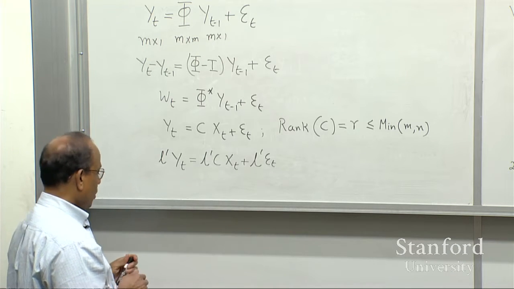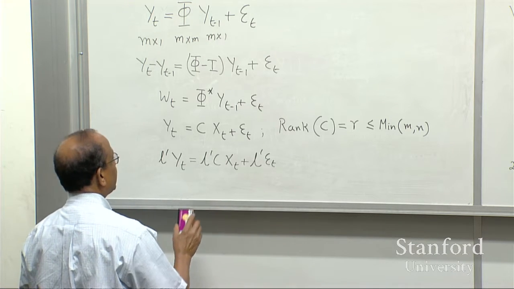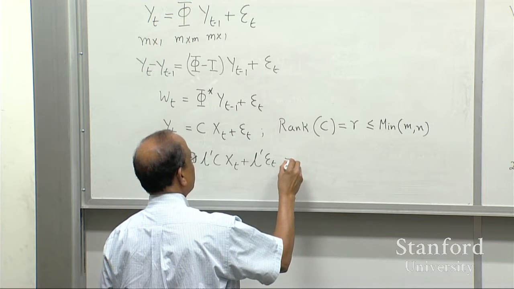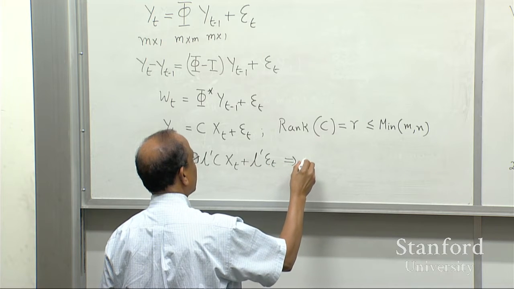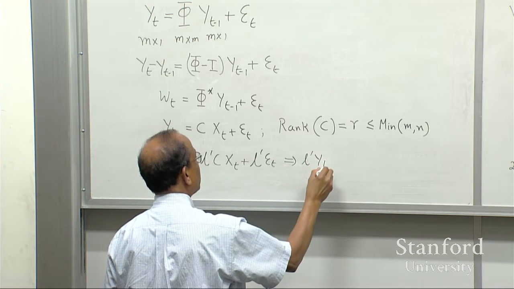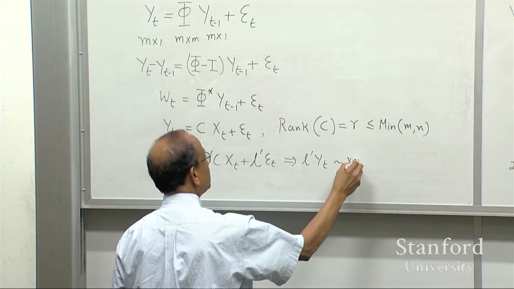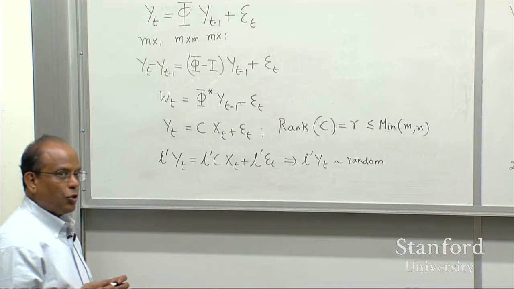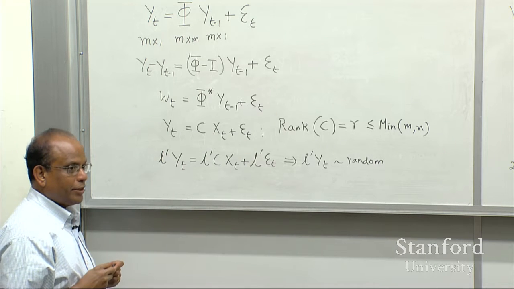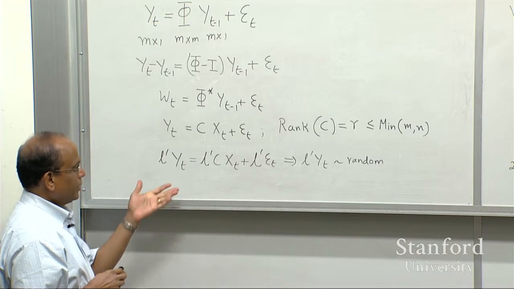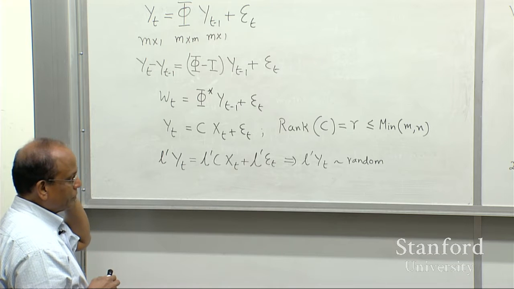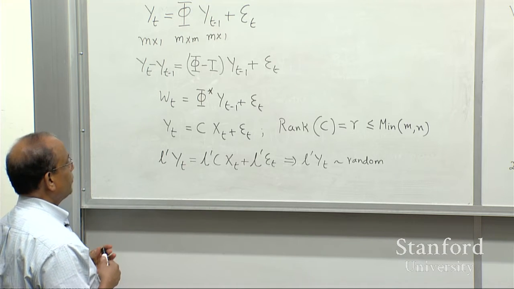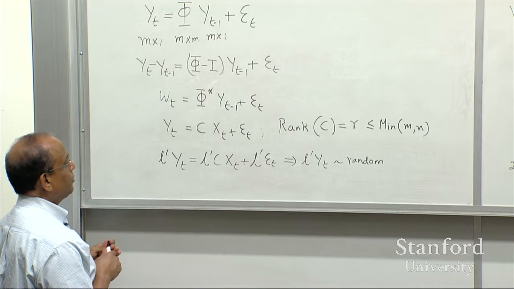So this drops out. Essentially we are saying that L prime yt is L prime epsilon t. Epsilon t is supposed to be random, so L prime yt is random. Those linear combinations have nothing to do with xt, and this has some very profound implications in macroeconomics. If any of you are interested, you can take a look at it.